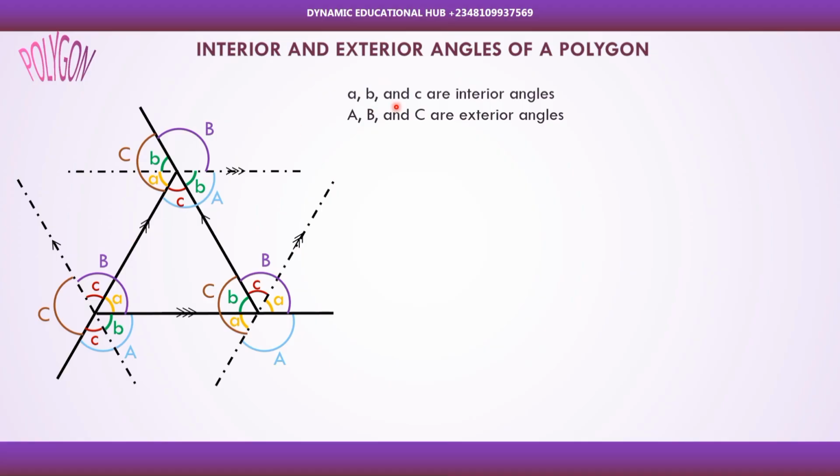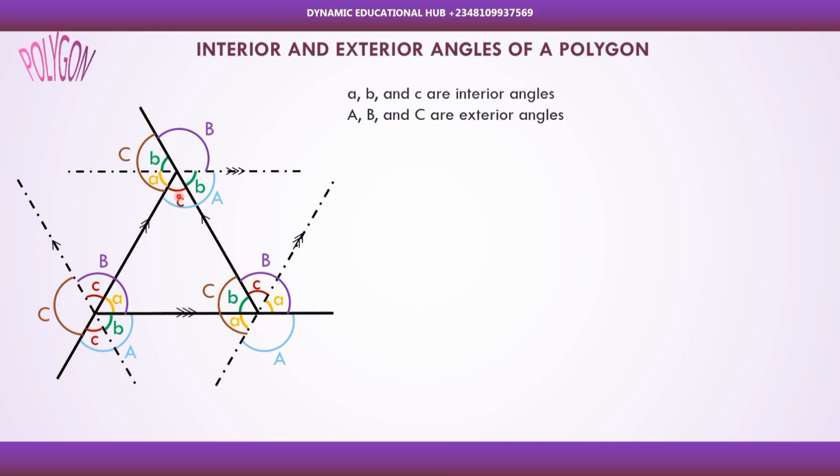The second observation is, let's pick any straight line and look at the angles formed on that straight line. If you pick this one, you can see that on this straight line, small letter C is formed on it, interior angles, small letter A is formed on it, and small letter B is formed on it. So all these angles lie on a straight line, and they are interior angles of this triangle.